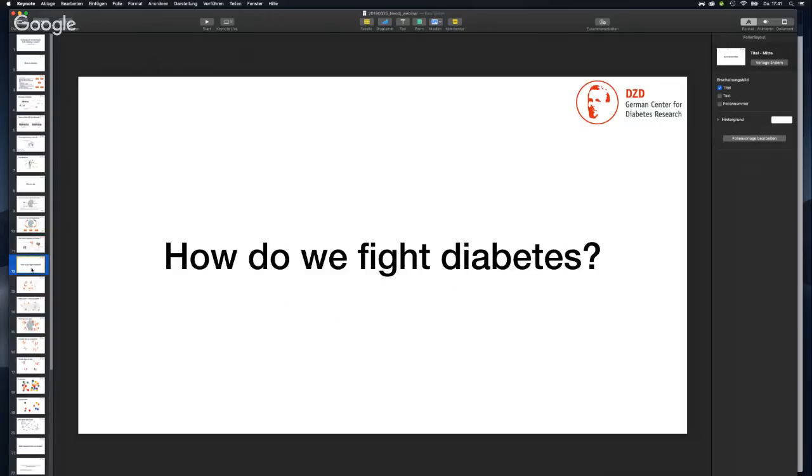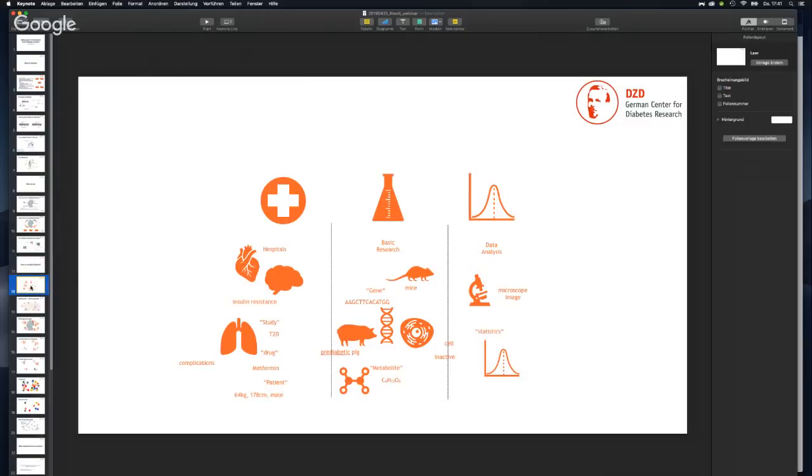So we're coming more to the technical part now. So how do we fight diabetes? Usually the institutes and the university clinics have been classical data silos with relational databases. Here in the hospital part, we have relational databases with patients' data, like what kind of drug a patient is taking, or how much a patient weighs.